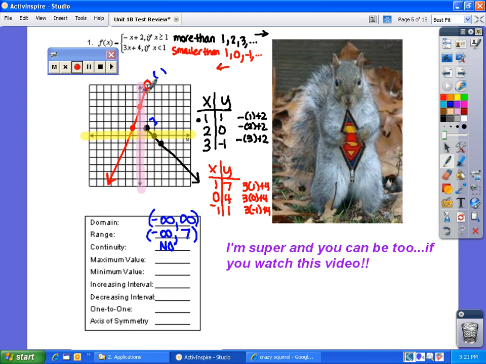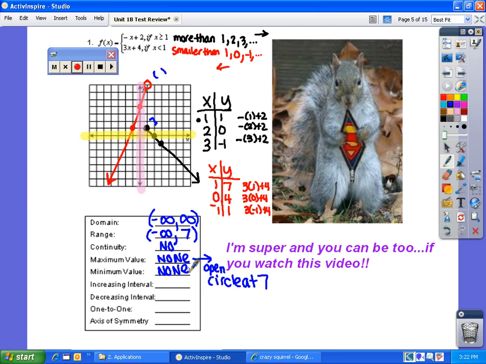It's an open circle. So we would say we have no maximum value. And that's because of the open circle at 7. So we can't value something that it doesn't stop at. We can't measure that. There's no minimum value because the arrows are pointing down to negative infinity, so there's none.